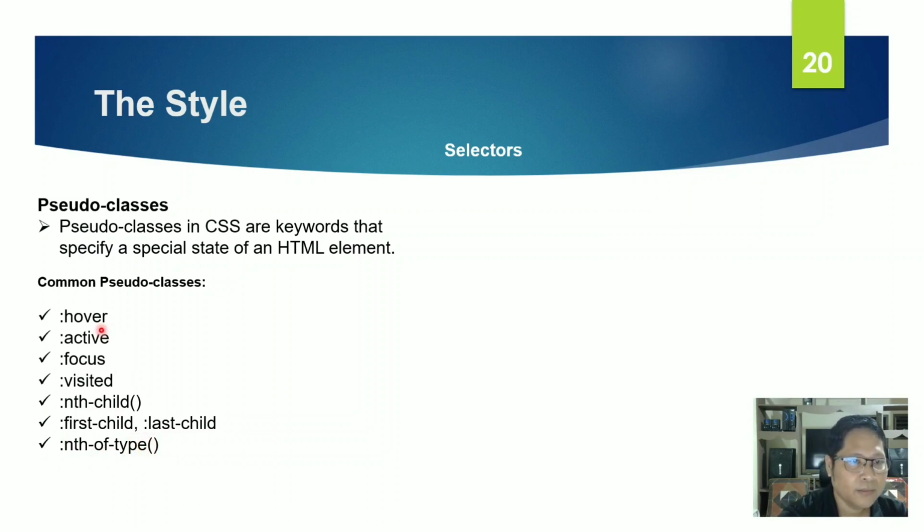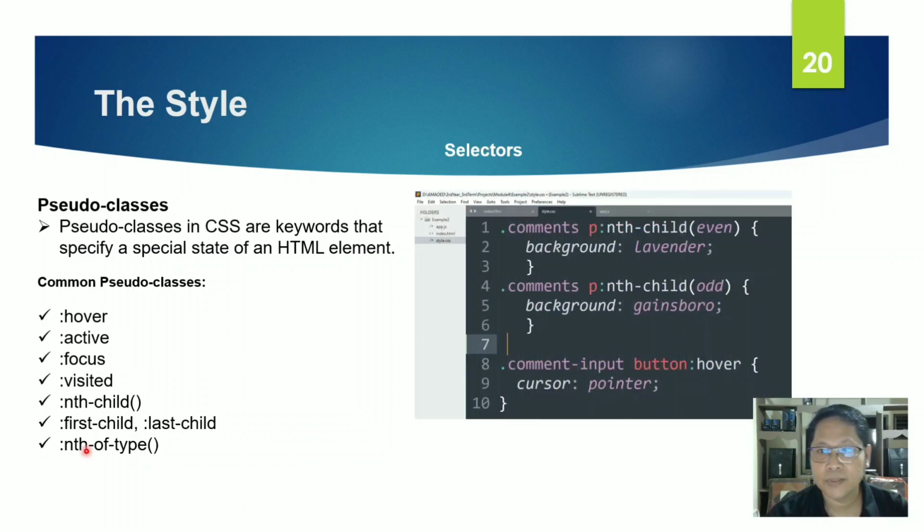The hover applies when an element is hovered by the mouse. For example, we have a button here, and our mouse goes here. There is a reaction: the mouse might become a hand. This is our example here.